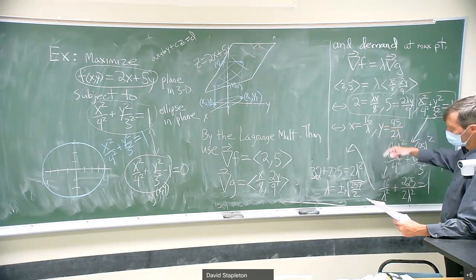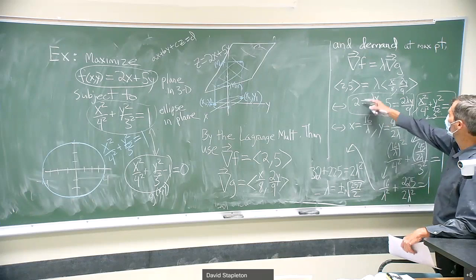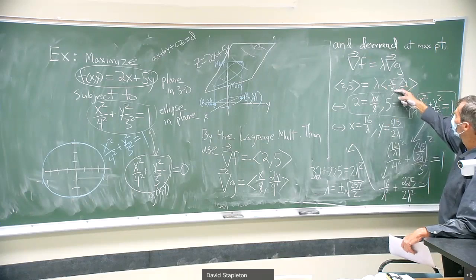I'm missing a factor of 2 or something. What I'm supposed to get here is 17, and I'm getting square root of 257 over 2. Let me make sure I did this right.